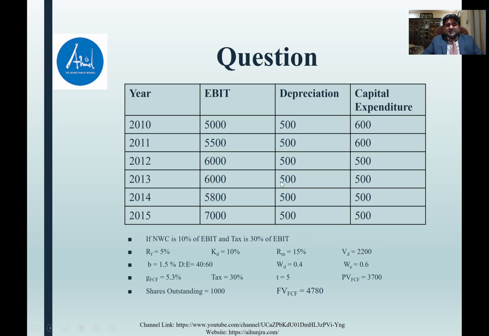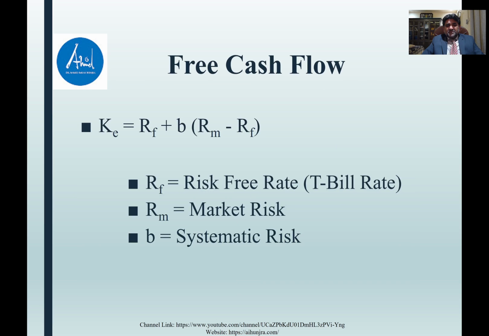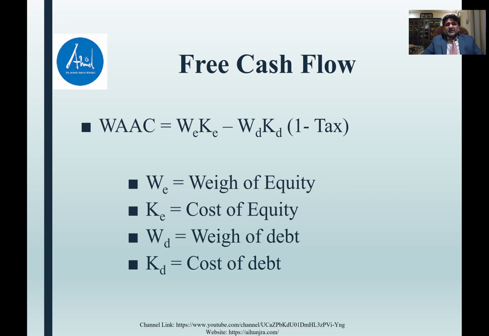What is the concept? Keep in mind, here we require KE, risk-free rate, systematic risk, and market risk data. From here, we can calculate WACC. For WACC, we need weight of debt, weight of equity, cost of debt, and tax amount.